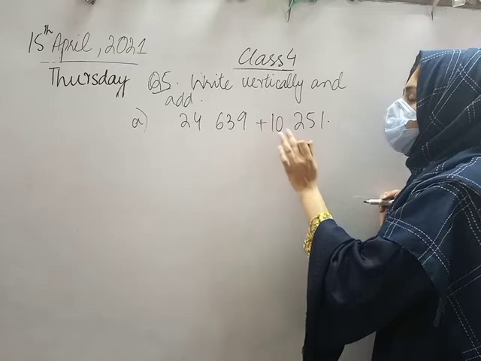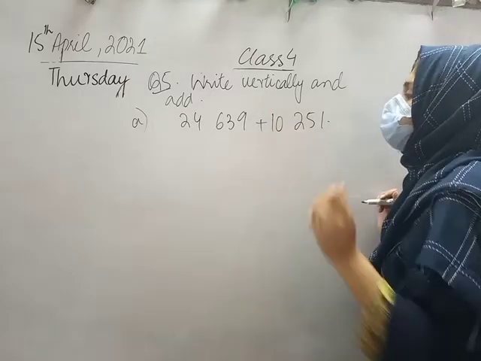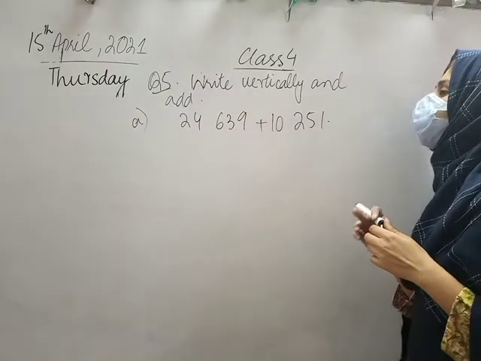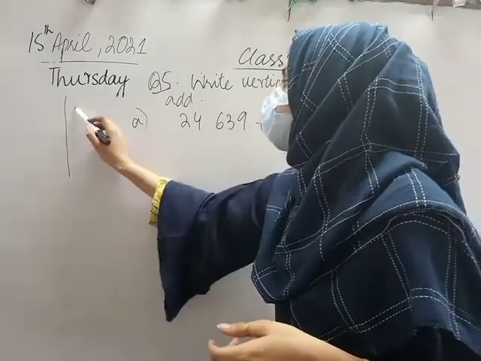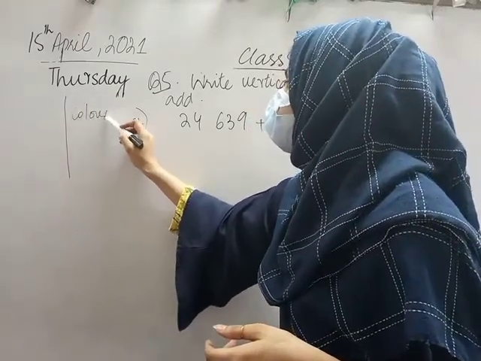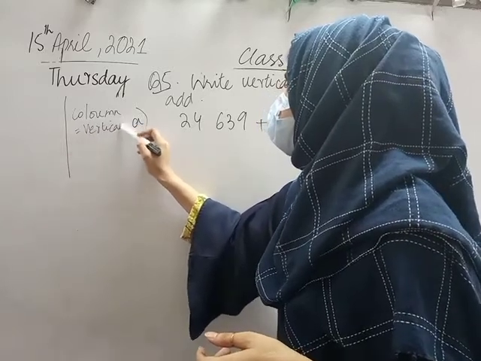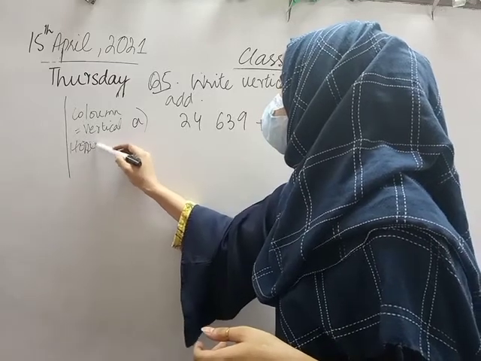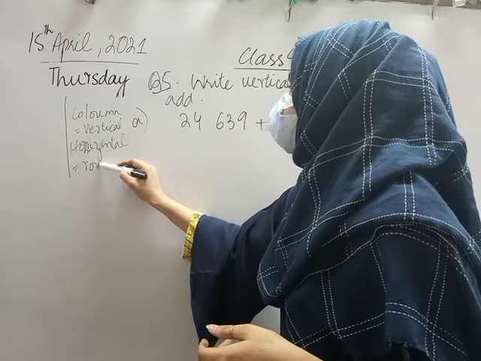At this time this is in horizontal way. Now I am going to write first in vertical form. What is vertical form, class? Column wise. Vertical form is column wise. And horizontal is row wise.